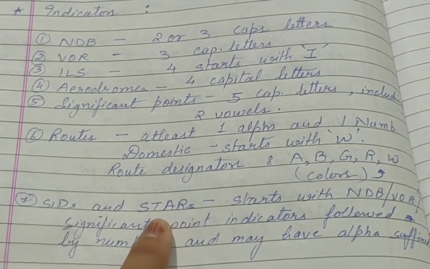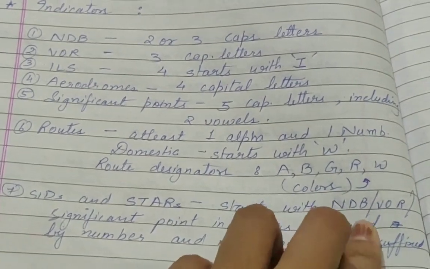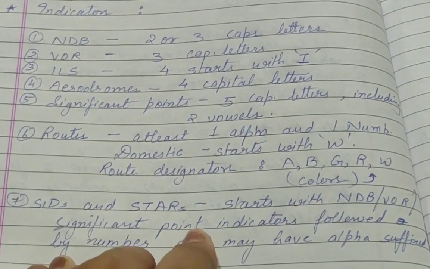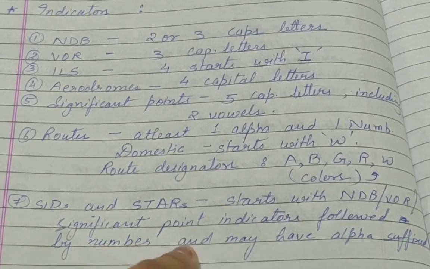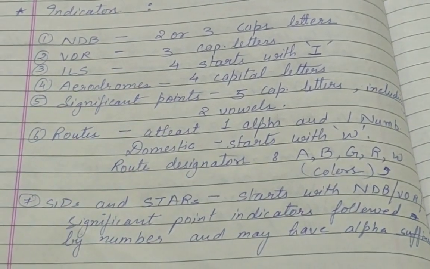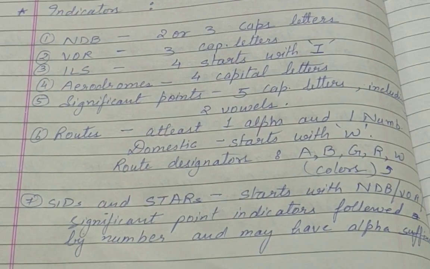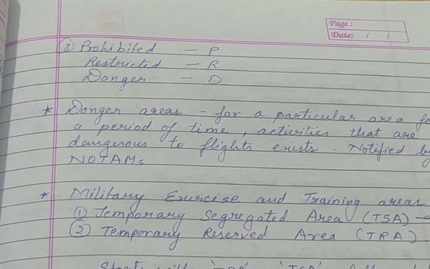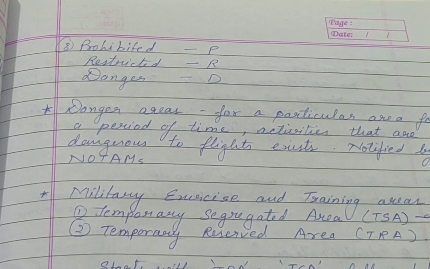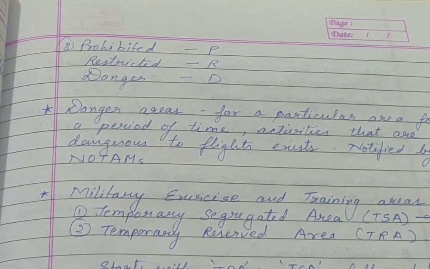Lastly, SIDs and STARs. These start with an NDB, VOR or significant point indicator, followed by numbers, and may have an alphabet suffixed also. The prohibited areas are denoted by P, restricted ones by R, and dangerous ones by D. The prohibited area is one where aircraft are prohibited from entering, and in restricted areas aircraft are restricted from entering.